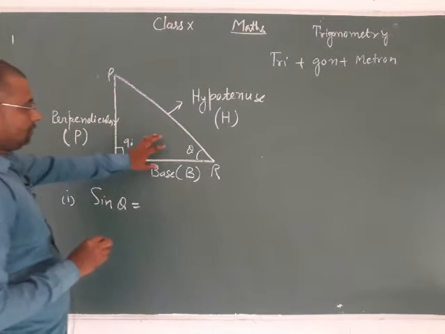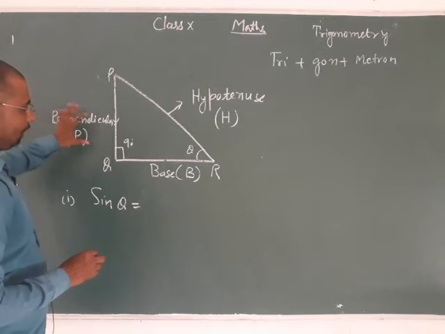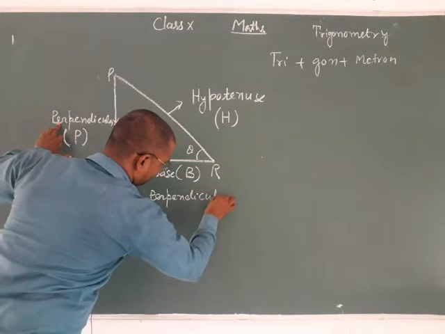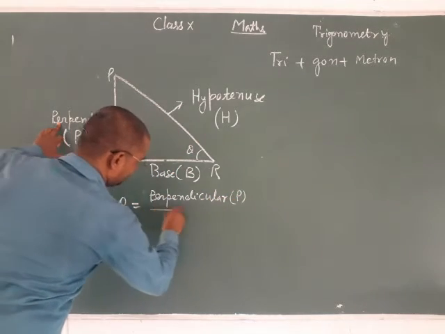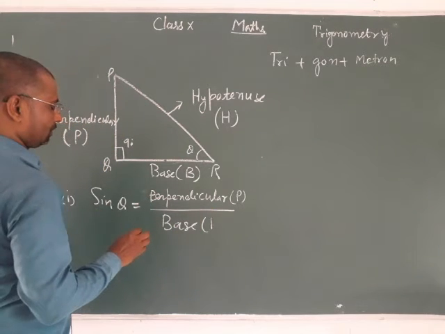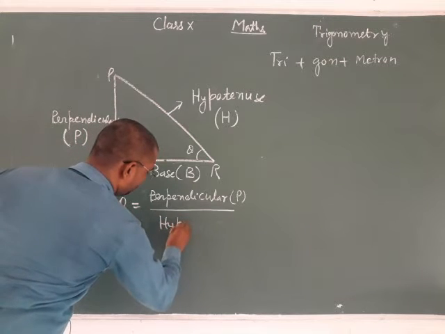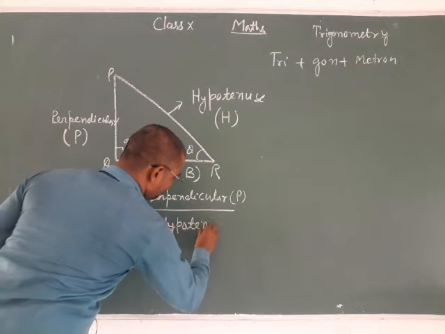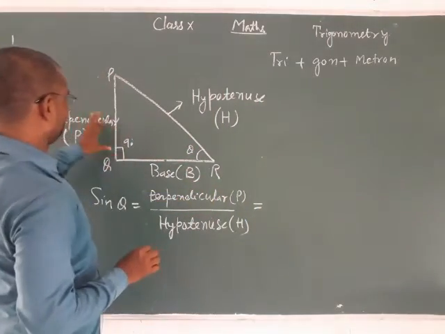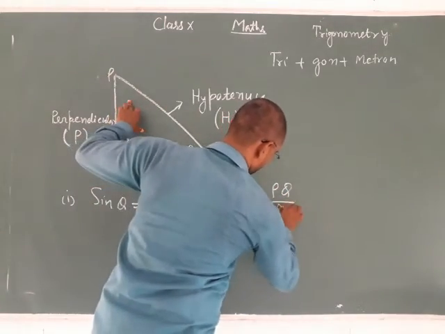Sine theta is perpendicular upon hypotenuse, P upon H. In the figure this is PQ upon PR.